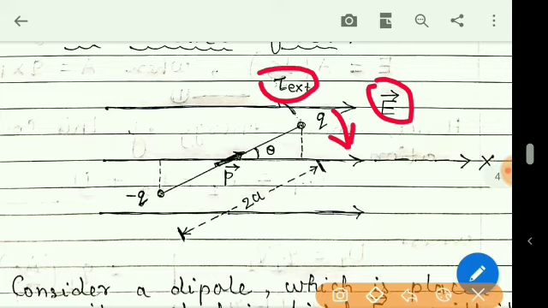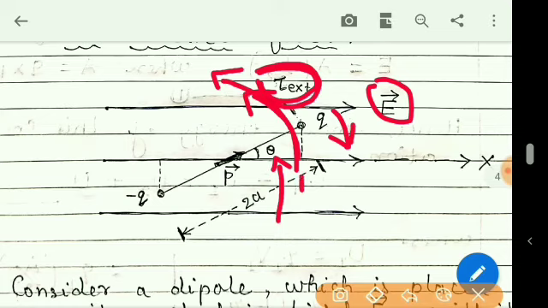But if we want to rotate it opposite to that, then we need to apply an external torque. And suppose we have applied the external torque and the dipole gets rotated, and so this angle will change. So here the displacement is in terms of angular displacement, and as we have given the angular displacement, work is done.